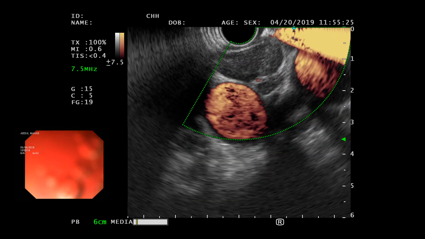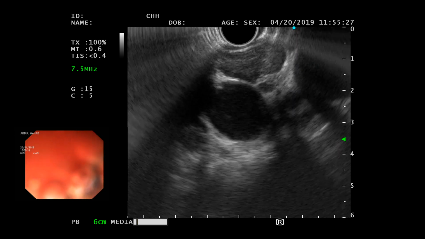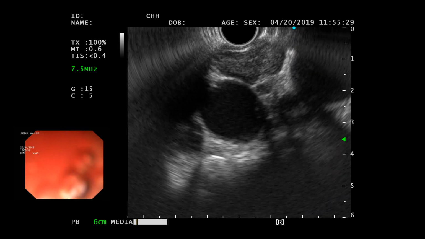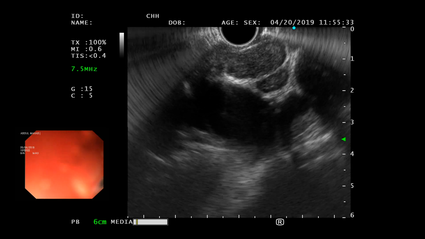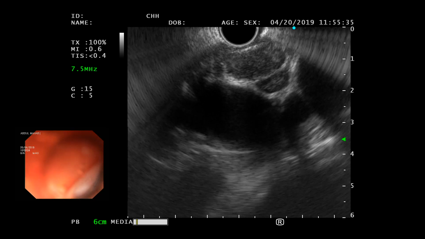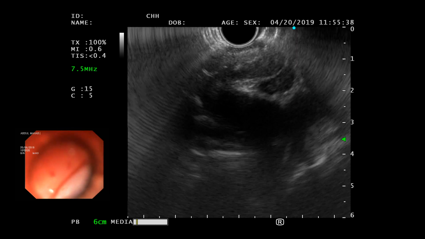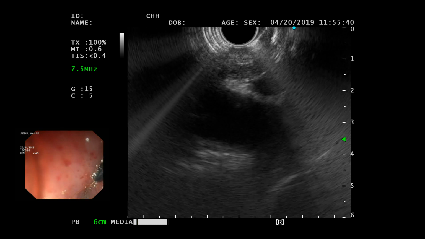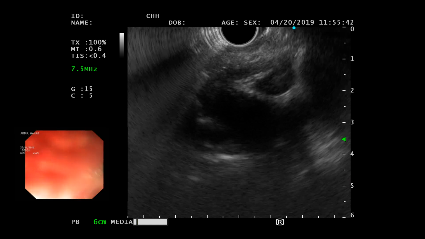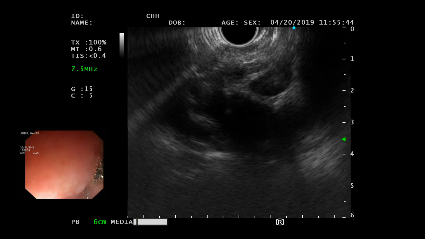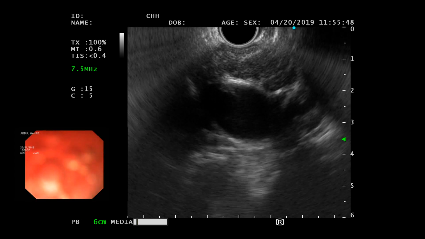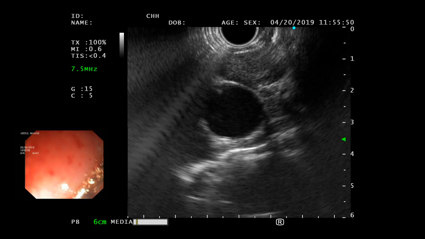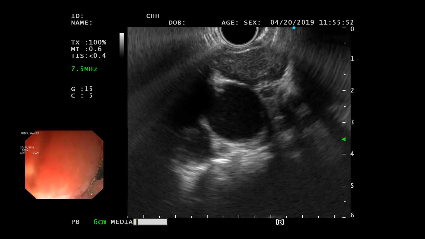Okay, perfect. Happy? Hold the scope just like this, yes. You can see the needle coming out. Please don't move this. Okay. Good.